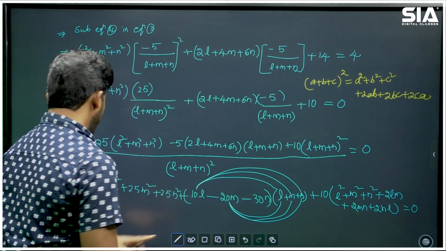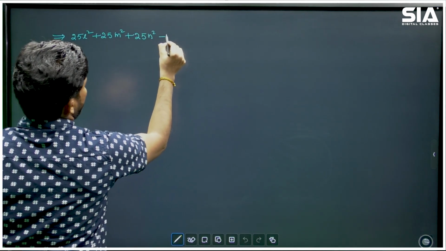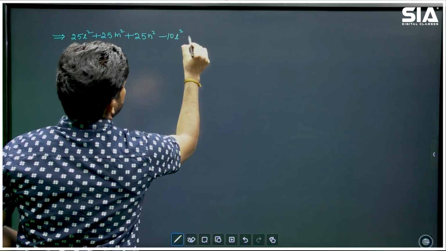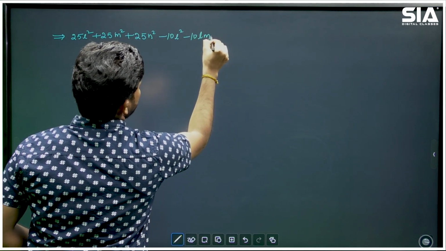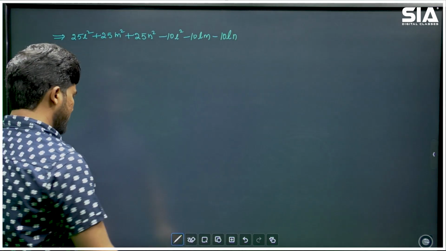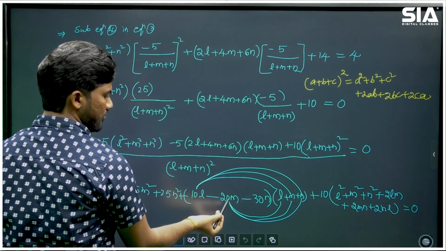So first of all, multiply with minus 10L. Minus 10L into L, minus 10L square. Minus 10L into M, minus 10L into N. Okay. So now, what is the next value? Minus 20M.